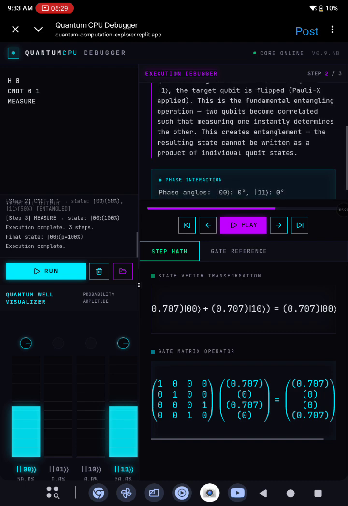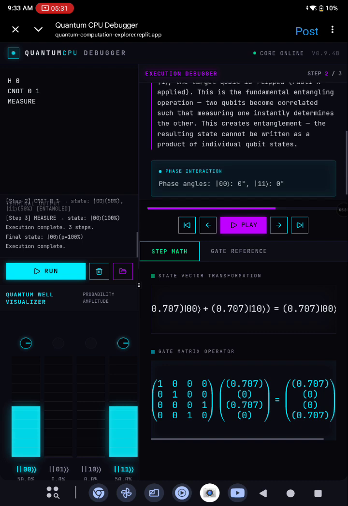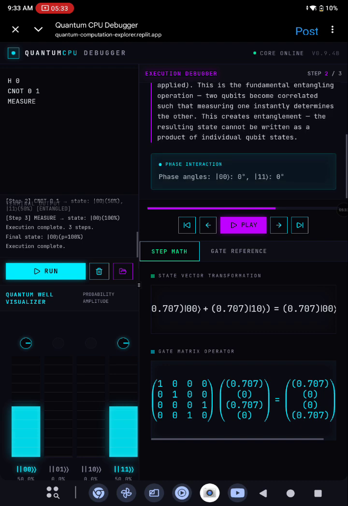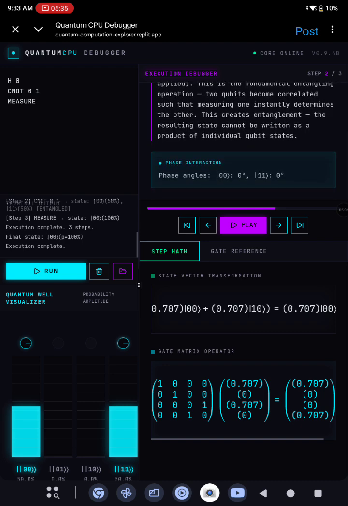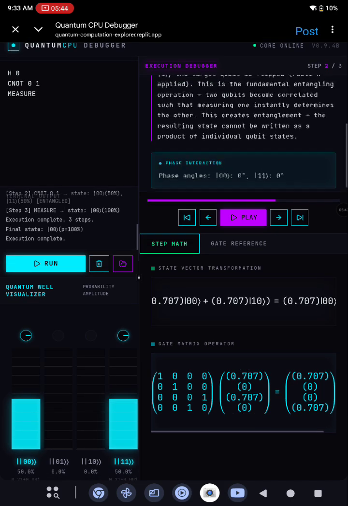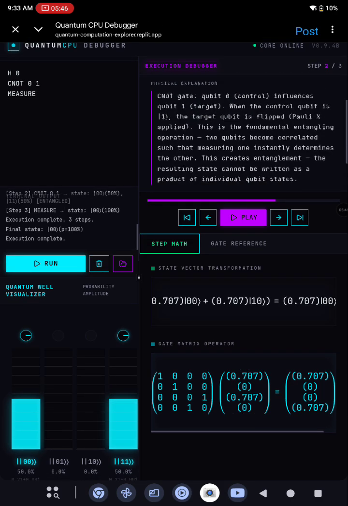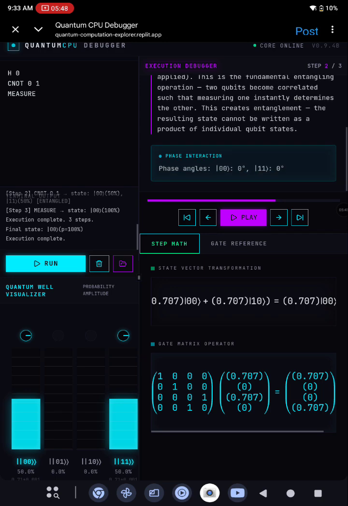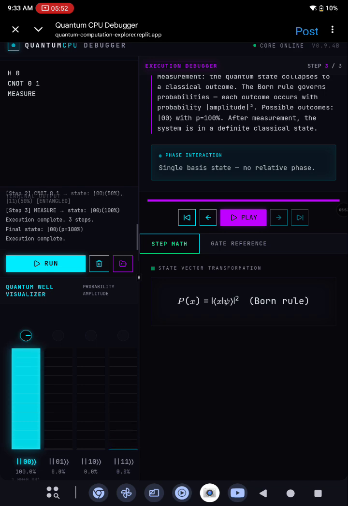This is the fundamental entangling operation. Two qubits become correlated such that measuring one instantly determines the other. This creates entanglement. The resulting state cannot be written as a product of individual qubit states. A phase interaction there. We can step now.